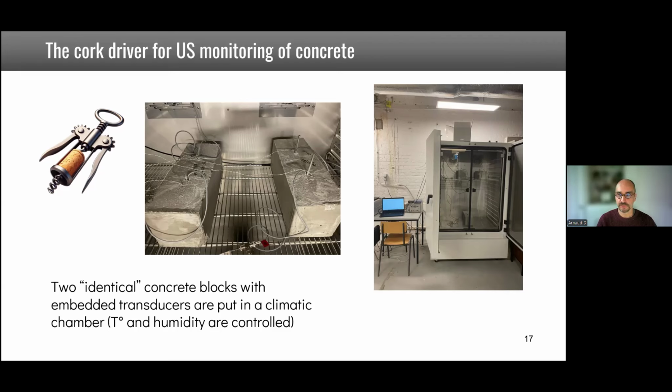They were done from a different batch, but they should be close to identical because it's the same components and the same mixing, etc. In the chamber, temperature and humidity are controlled, and we keep a constant humidity of 60%. And then we varied the temperature, and we measured through the ultrasonic waves the change of wave velocity in the medium, in the concrete blocks.